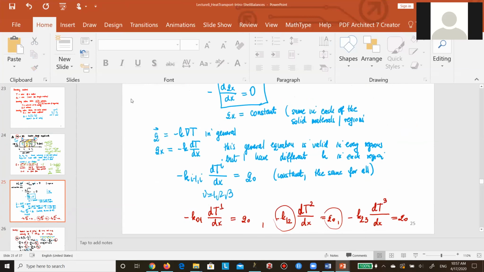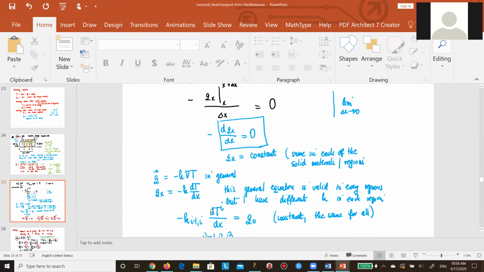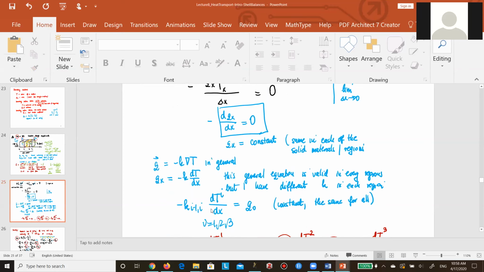Here, the only difference is that instead of d/dx of q_x, I have d/dr of r squared q_r equal to 0. So what's constant is r squared times q_r. And my r is changing.